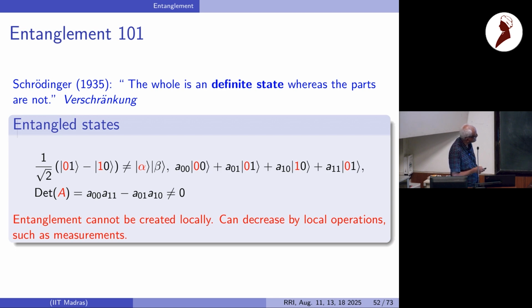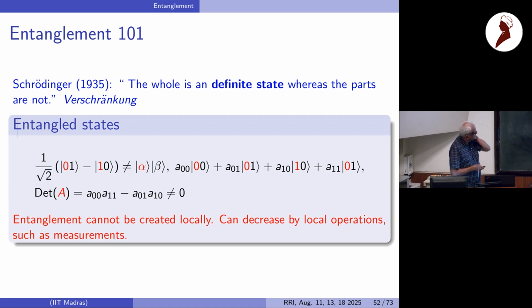So if you take a 2-qubit state like this, a qubit is just a 2-level system. That's the most general possible state. And you can easily see that if you write this as a matrix, A00, A01, A10, A11, it's a 2x2 matrix. If its determinant is not 0, then it's an entangled state. So you can see that this is going to be typical. So entanglement is going to be there generally.